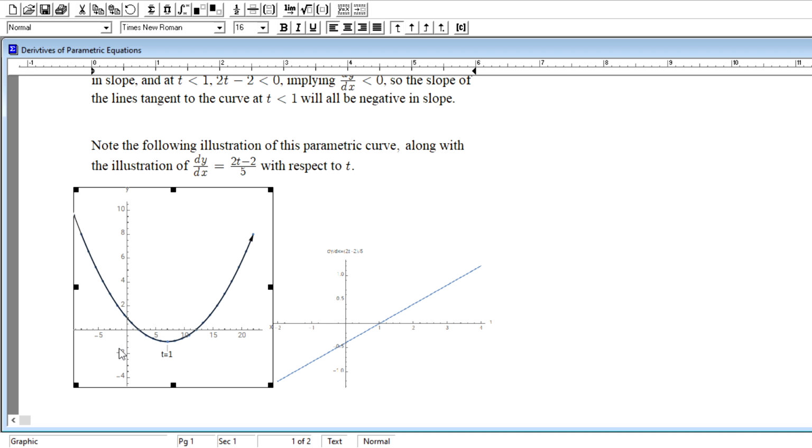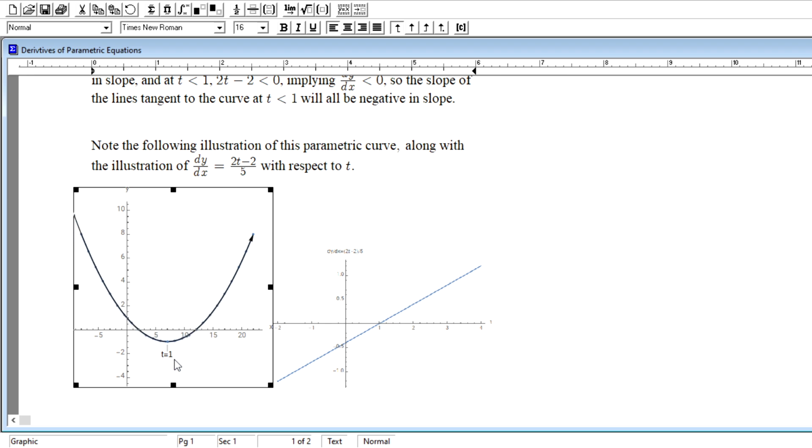horizontal. And the curve's orientation does indicate that it's moving forward in this direction. So to the right of that would be where t is greater than 1, and to the left of that location on the curve would be where t is less than 1. And we could see that the behavior of the slopes tangent to the curve at all these locations where t is greater than 1 will all be positive in value, as highlighted above.